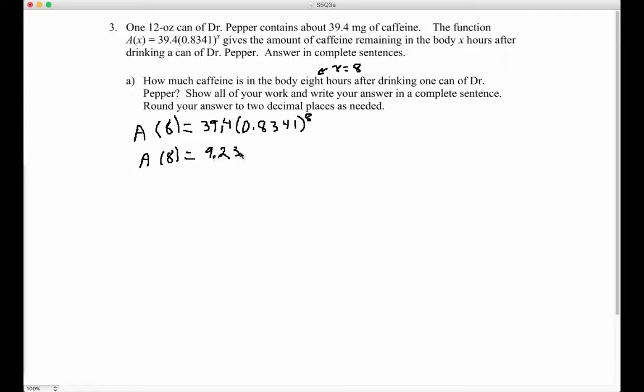9.23, make sure I have my decimal point there, milligrams, which tells us that if we were to give our answer in a complete sentence, after 8 hours, there is 9.23 milligrams of caffeine.